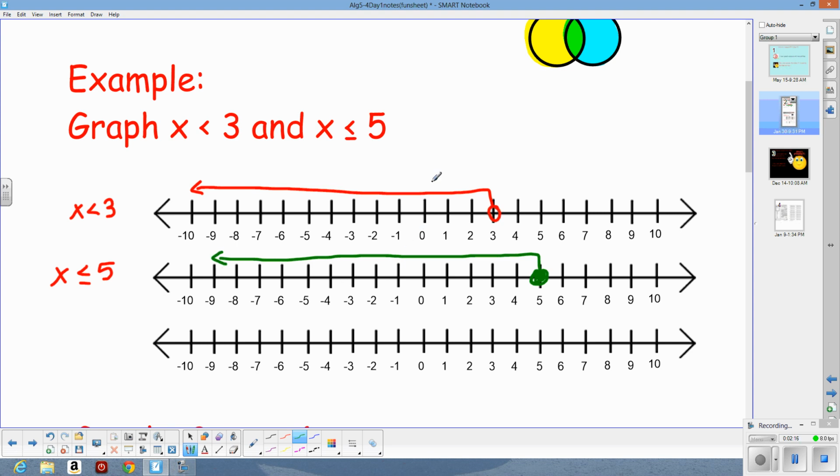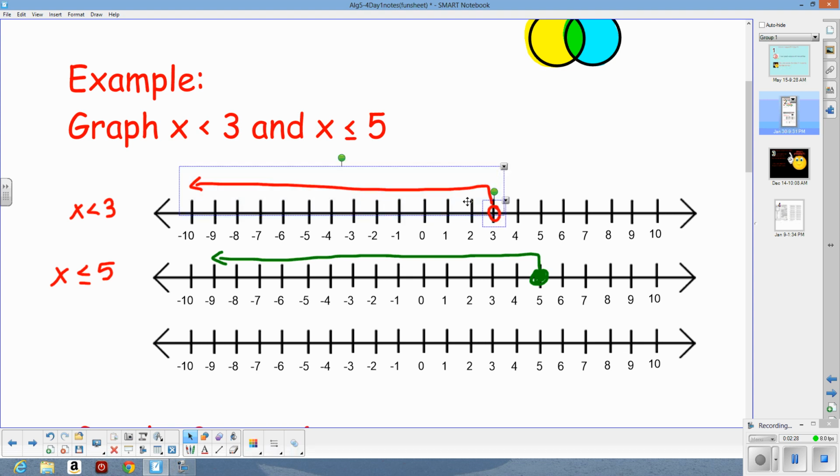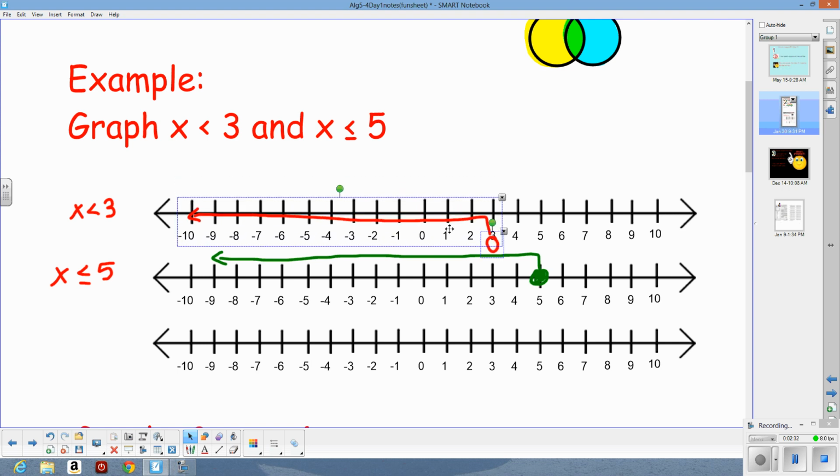Now, if I were to graph the compound inequality, these two together, the numbers that are solutions to this inequality and to this one, it would be like taking this graph and putting it over the top of this one. And where they overlap, that would be the solution to the compound inequality.